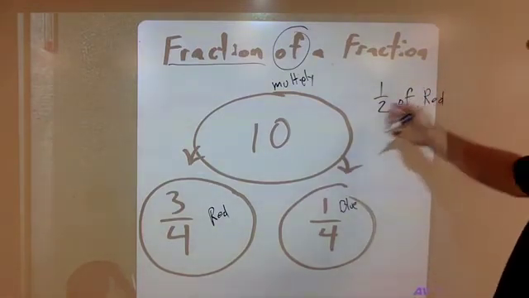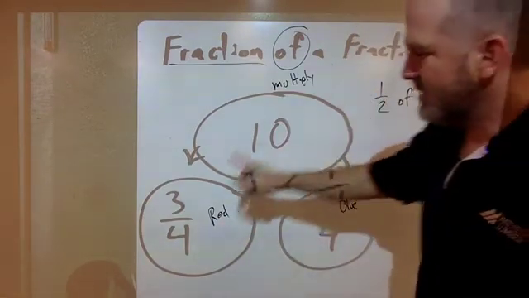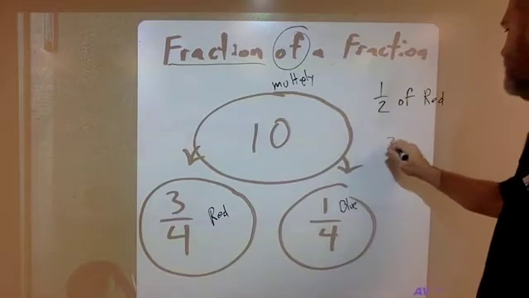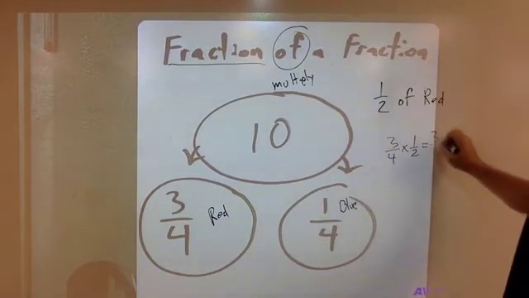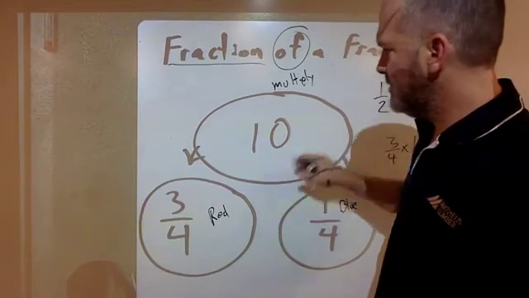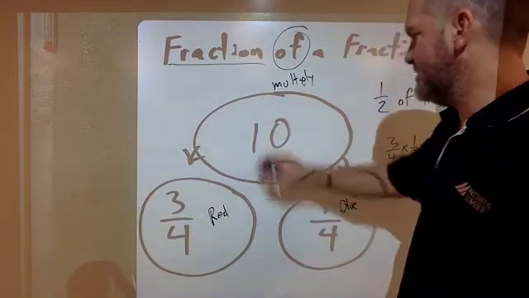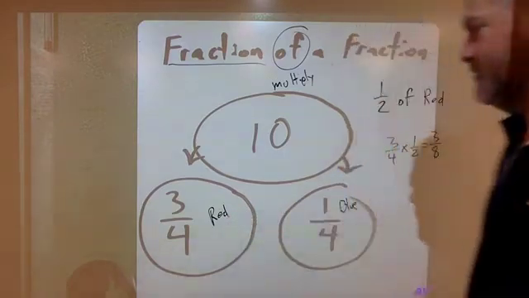So if it says 1/2 of this red group, then you have to multiply 1/2 times 3/4. 3/4 times 1/2 would equal 3/8. So 3/8 of the total amount we started with, which was 10, is red.